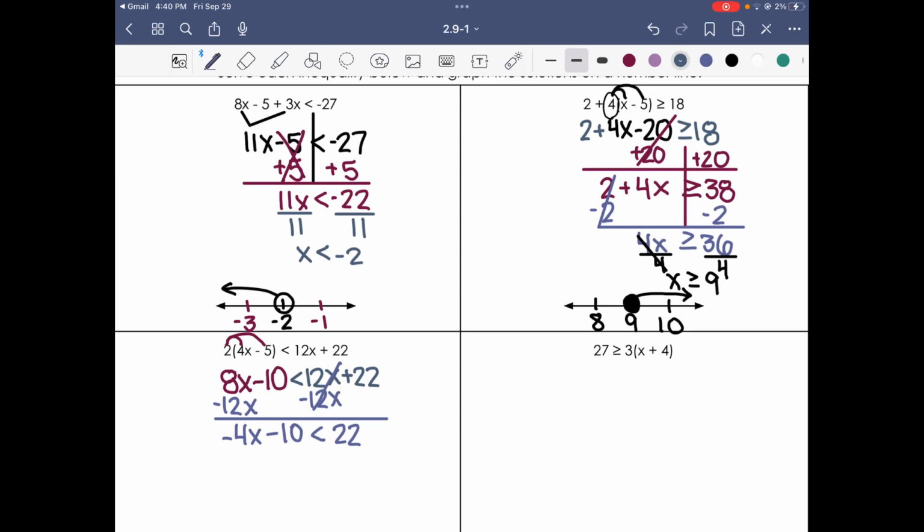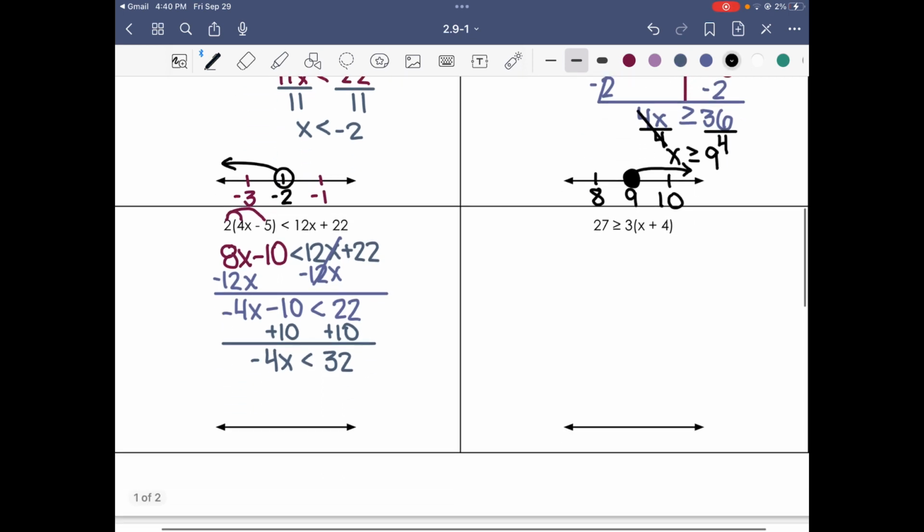Then I'm going to add 10, because that's the opposite of subtracting 10, which is what was already in the problem. Negative 4x is less than 32. And we're going to divide by negative 4 on both sides, because negative 4 is in front of x, which means it's being multiplied.